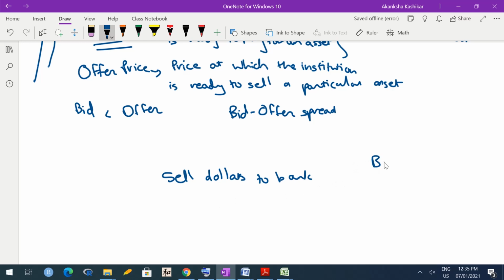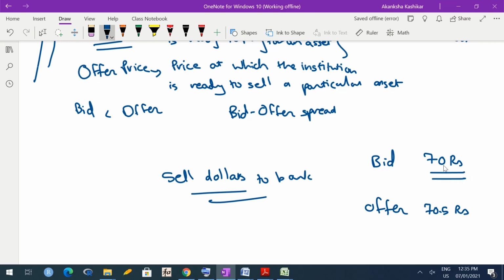Suppose the bank has quoted bid price for $1 as, say, 70 rupees and offer price for $1 as, say, 70.5 rupees. What it means? When you sell dollar to the bank, means when the bank buys the dollars from you, it is going to buy at 70 rupees.